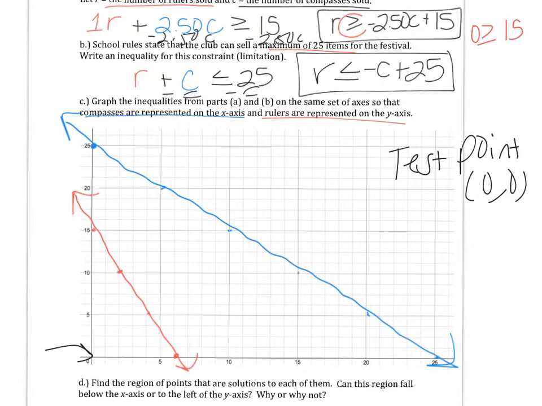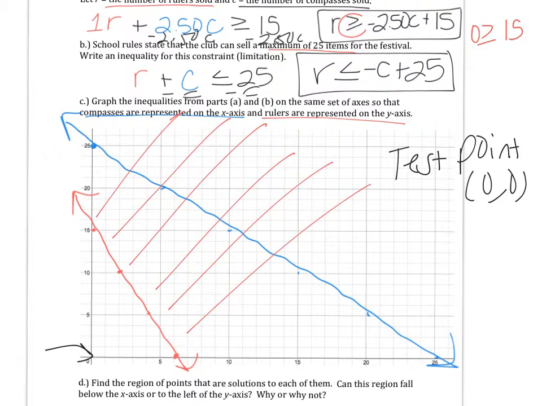So 0 is greater than or equal to 15, which is false. So I'm going to shade in the opposite direction. Everything to the right would get shaded because it was false.